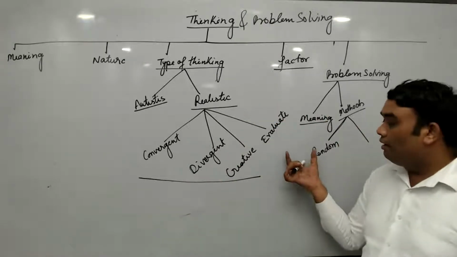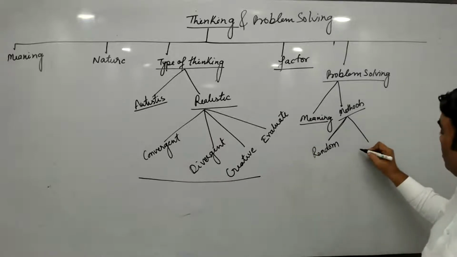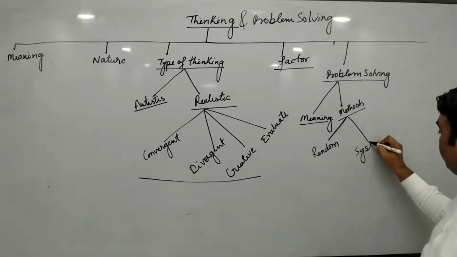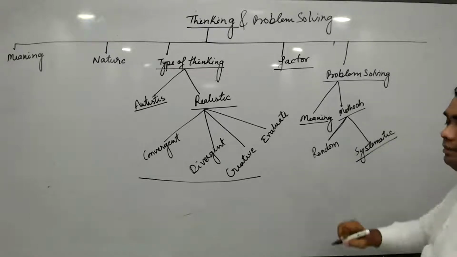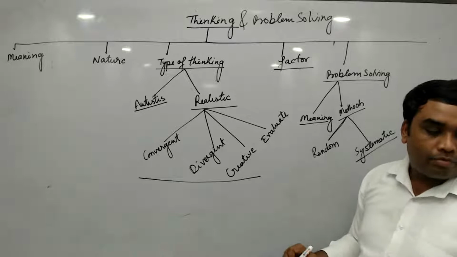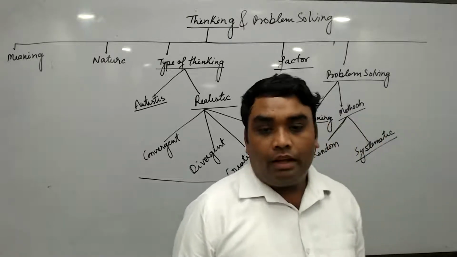That is random problem solving. The other is systematic problem solving, and systematic problem solving is the best way.